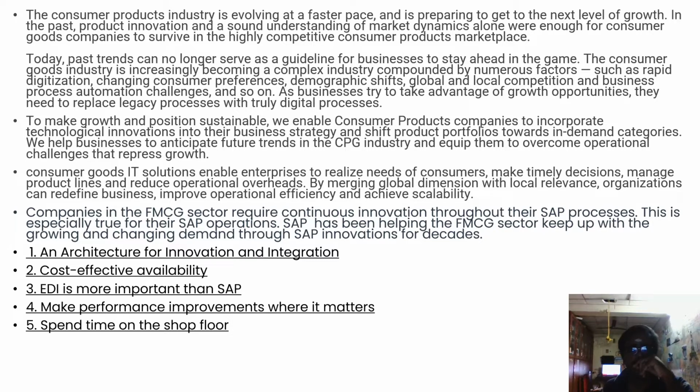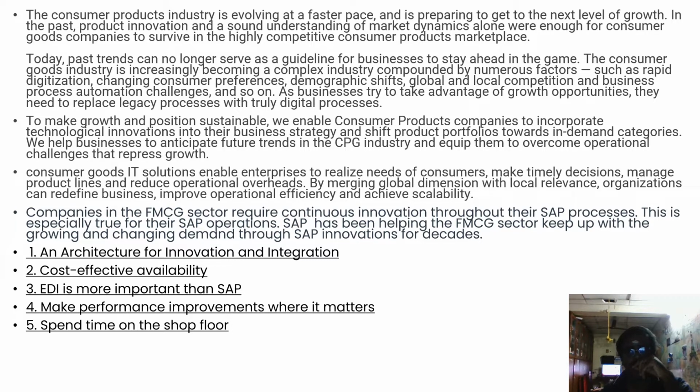Consumer goods IT solutions enable enterprises to realize the needs of the customer, make timely decisions, manage product lines, and reduce operational overheads. By combining global dimension with local relevance, organizations can redefine business, improve operational efficiency, and achieve scalability.